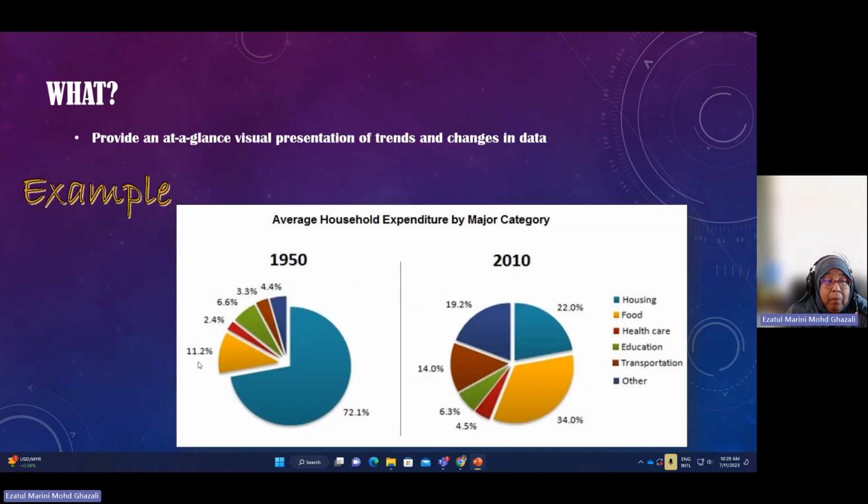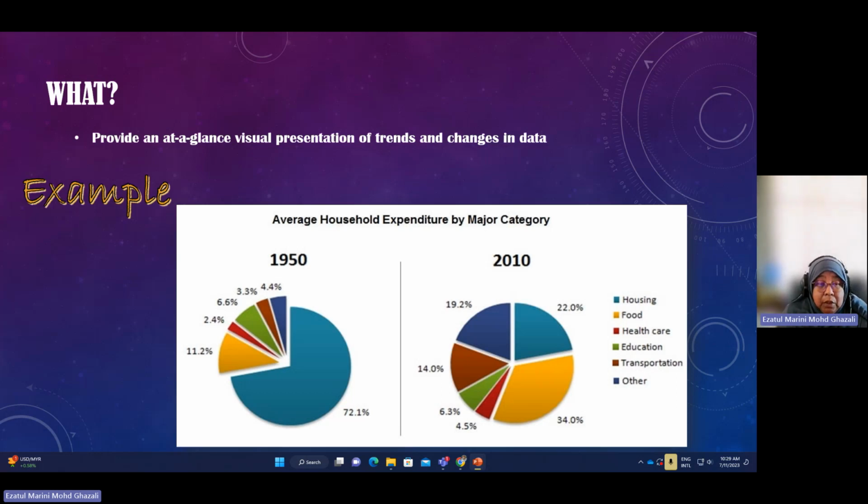Next, graphs and charts provide an at-a-glance visual presentation of trends and changes in data. What is important when we are looking at graphs and charts is that we want to know the trend, the pattern, and if there are any changes, what the changes are.